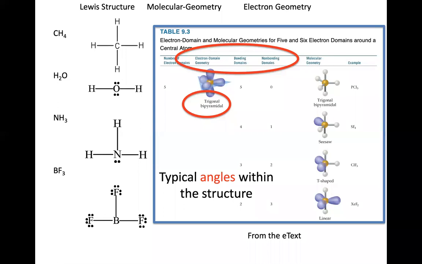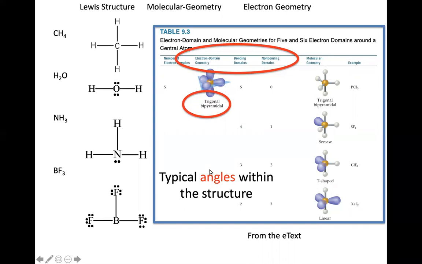So what I want to do is I want to empower you so that you understand what's going on with these particular tables. Because I think if I can do that, then you're going to really do well on these types of questions. And the one feature that I mentioned that's not included in that is the aspect of the angles. So let's see if we can understand how the tables are constructed, and let's add to these information about the angles.